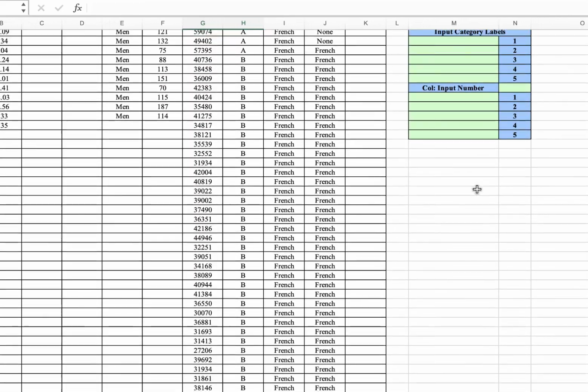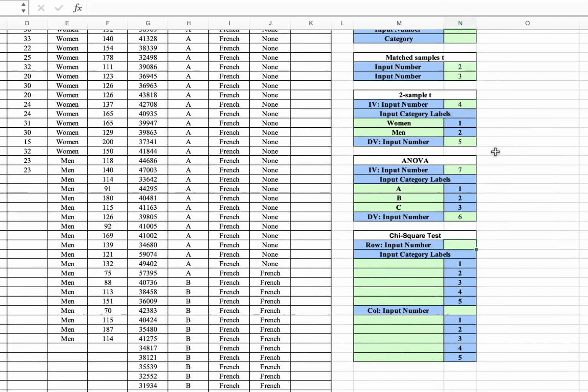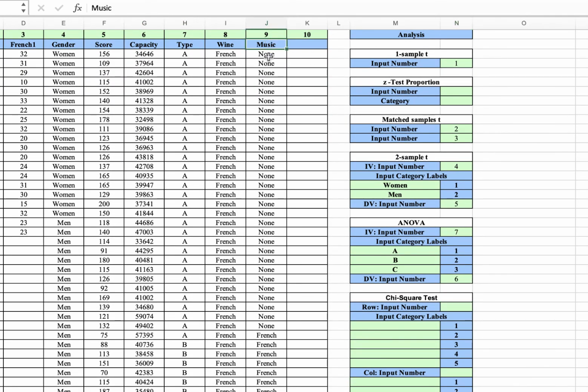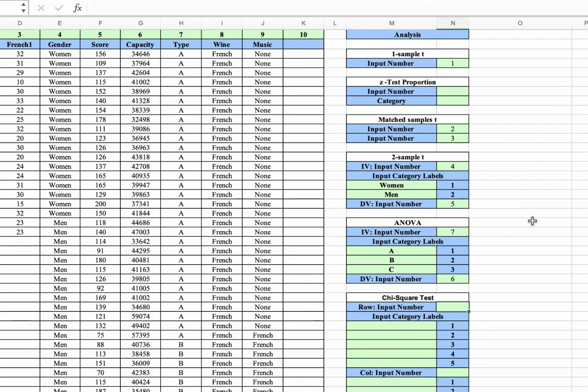So our chi-square is going to be based on the music as the independent variable and the wine selected as the dependent variable. So can the music playing, variable number 9, have an effect on the purchase?